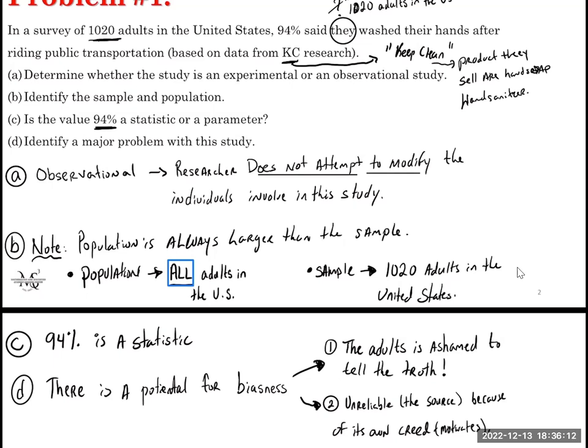If we say that 84% of all adults in the U.S. wash their hands after riding public transportation, then that would have been a parameter because it's referring to the population.